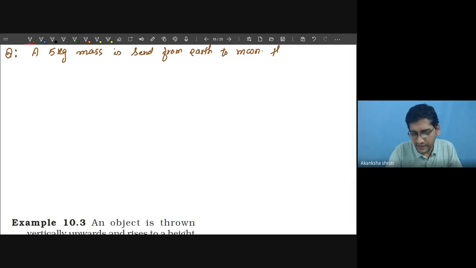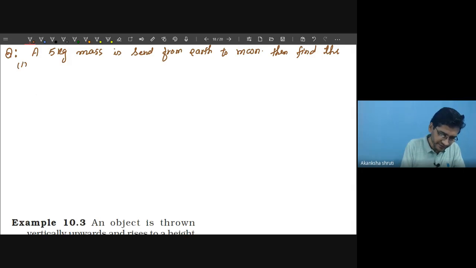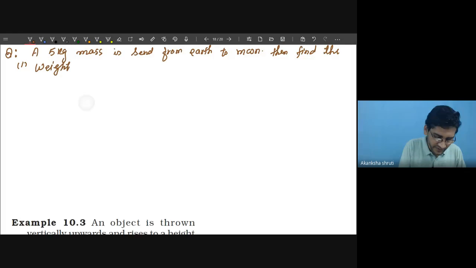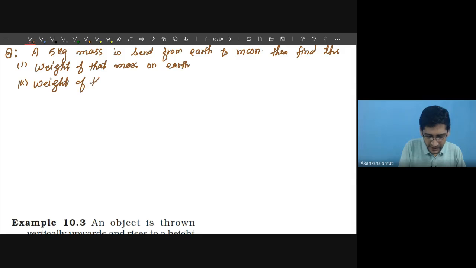Then first you have to determine the weight of that mass on earth, and second, the weight of that mass on moon, that we want to know.